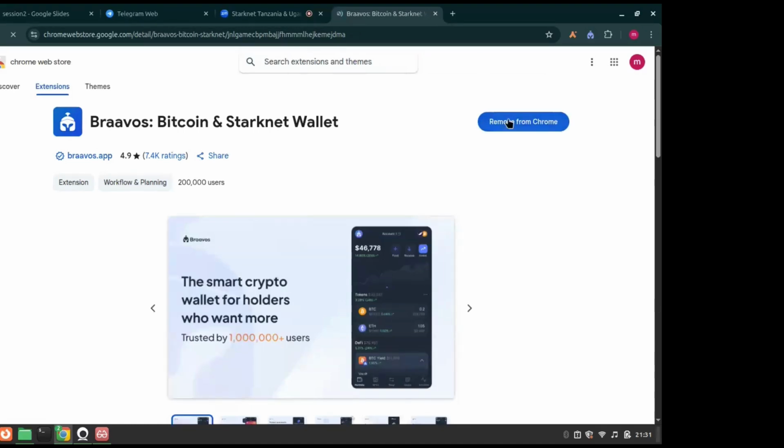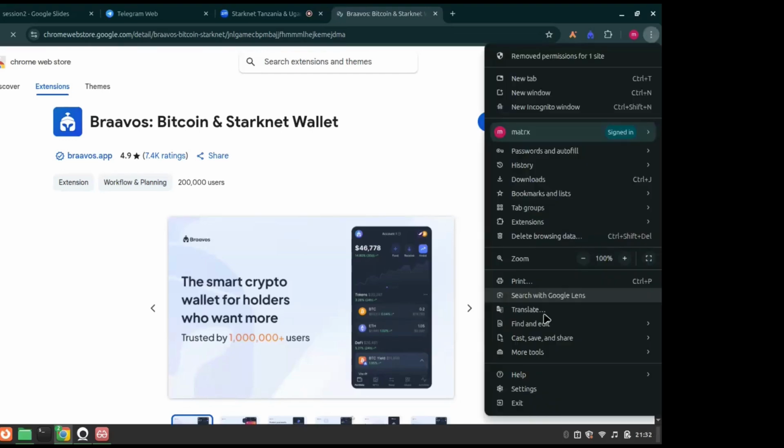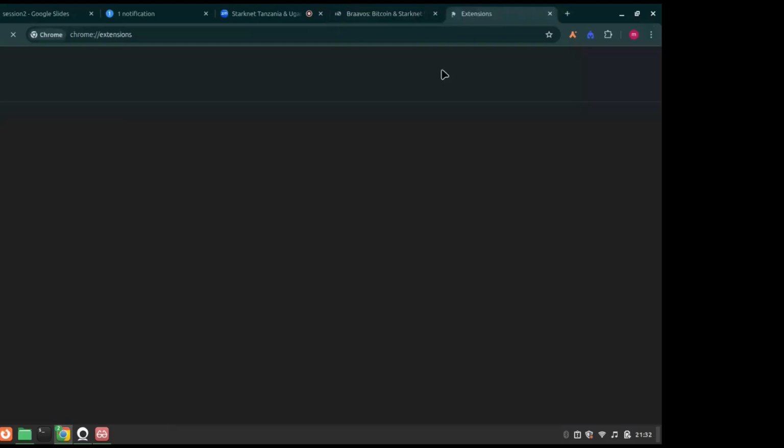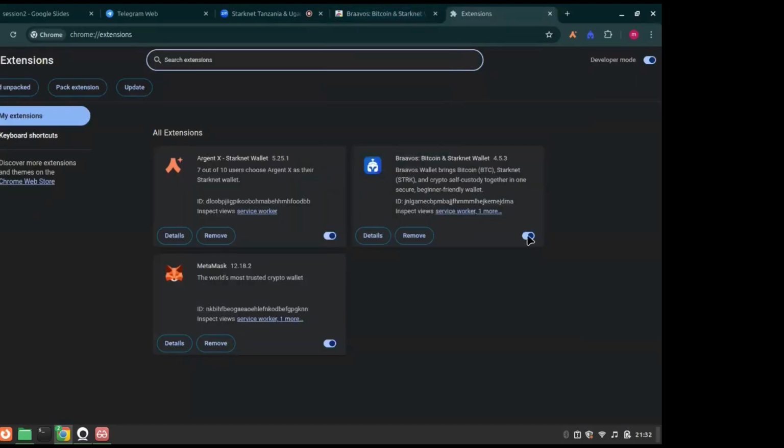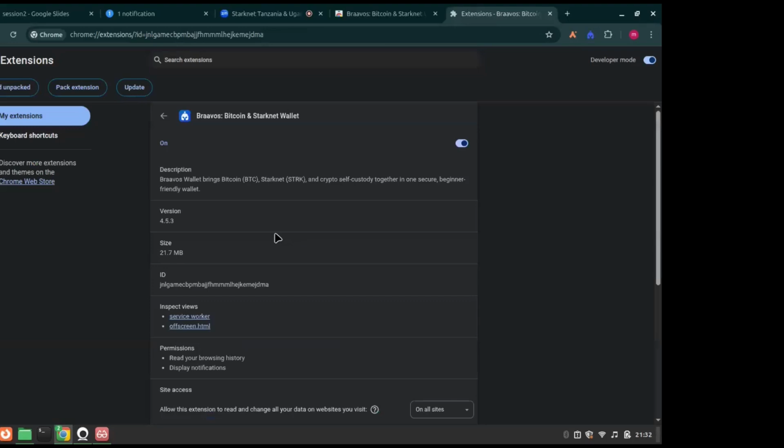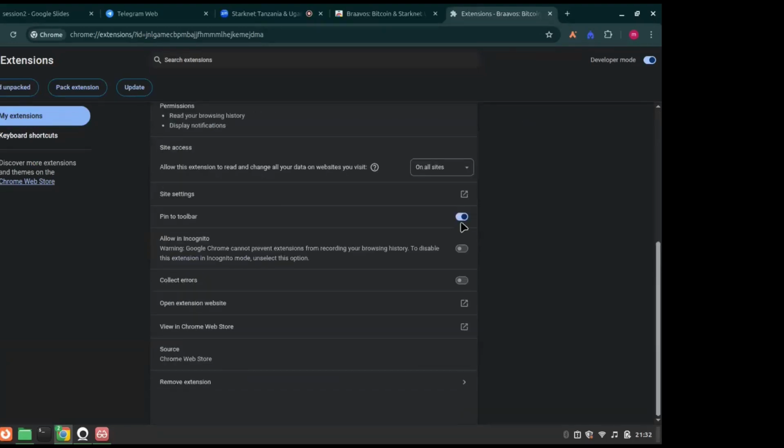So it will tell you add to Chrome, then it will download. Then after downloading, you come right here to the extensions. Then you click on manage extensions, and then it will tell you to pin it. So it will tell you details, and then you have to pin it to the toolbar. You pin it from here, right here. So that's where you pin it from.